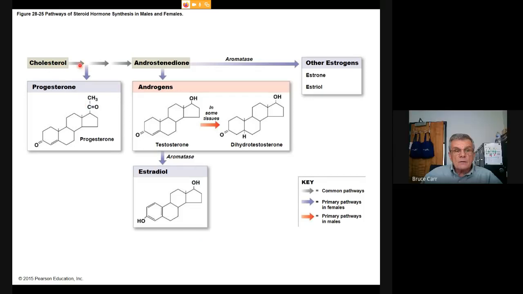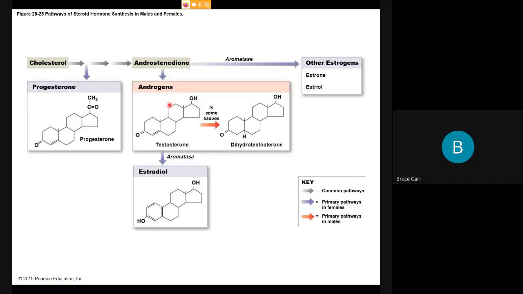There is a pathway from cholesterol that produces androstenedione, which produces our androgens, and also under the influence of different enzymes produces other estrogens like estrone and estriol. This is a complex pathway. That's why we have the general terms androgens and estrogens.